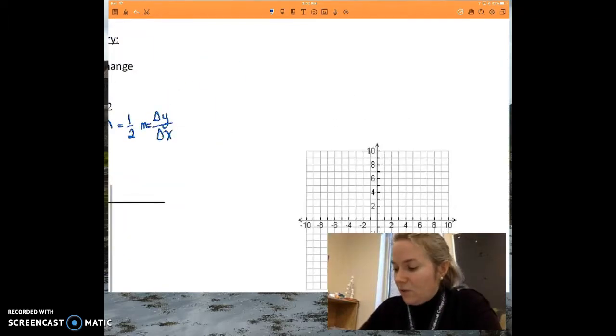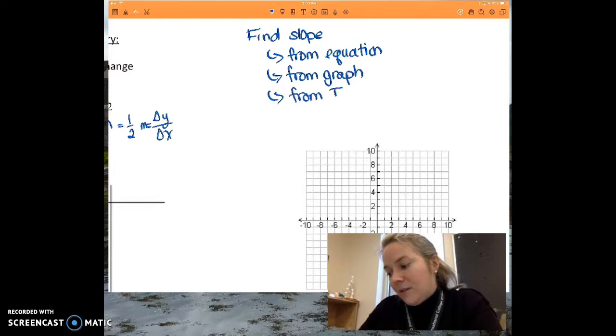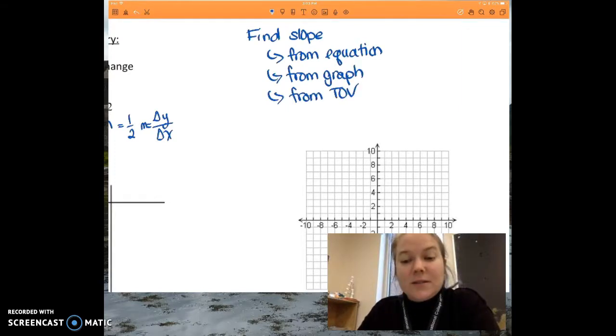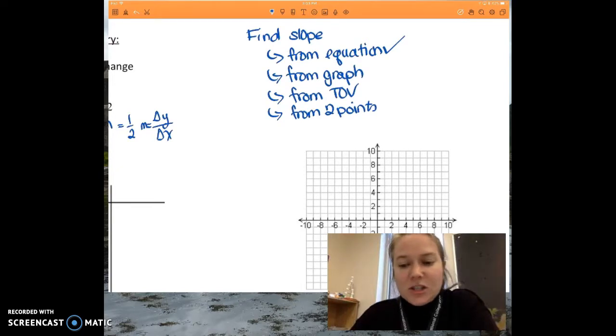We can find slope from the equation, from a graph, from a table of values (TOV is a short form for it), and also from 2 points. From the equation, we know how to do that. You just look at it, find m, you're done.